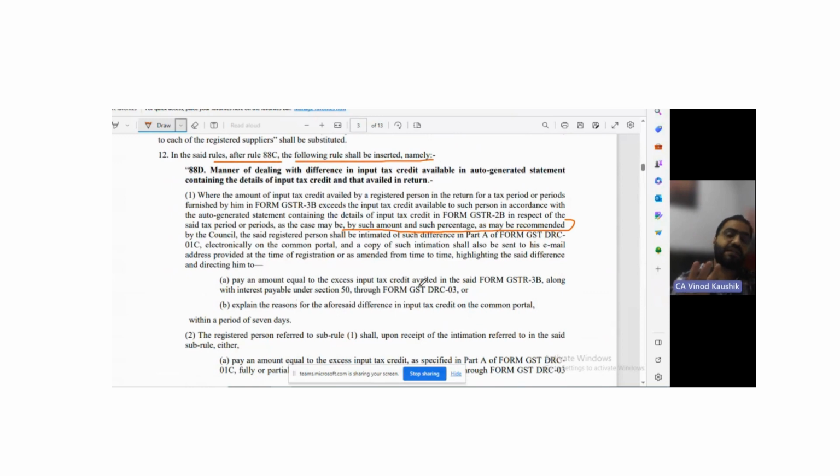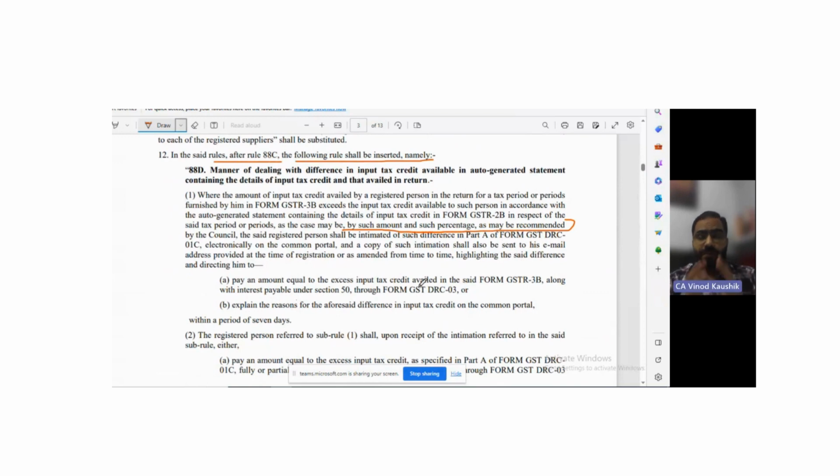Maximum ITC, if the percentage is prescribed as 10%, could have been ₹88. But since I have taken input tax credit of ₹100, this is a hypothetical situation. We are just assuming that government is prescribing the percentage of 10%, or the amount can be any amount that the council can recommend.